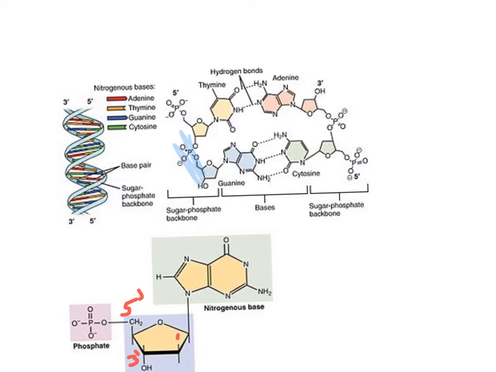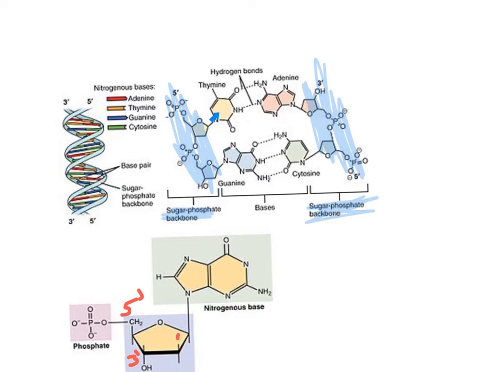This sugar and phosphate makes up the sugar-phosphate backbone. Again, this sugar and phosphate over here make up the backbone on the other end. The two blue lines represent this sugar-phosphate backbone. See the label of it here.